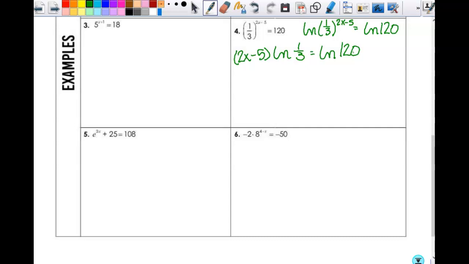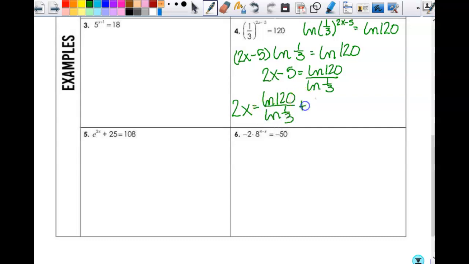So instead, what could I do? Divide by the natural log of 1/3. So I get 2x minus 5 equals the natural log of 120 over the natural log of 1/3. Then what would I do? Add 5. So 2x is equal to the natural log of 120 over the natural log of 1/3 plus 5.